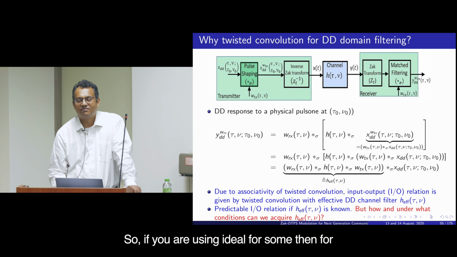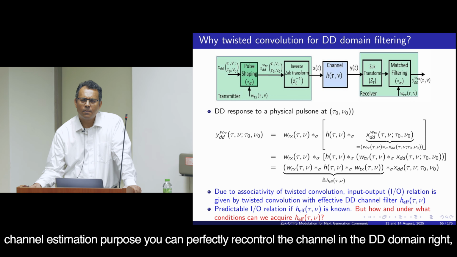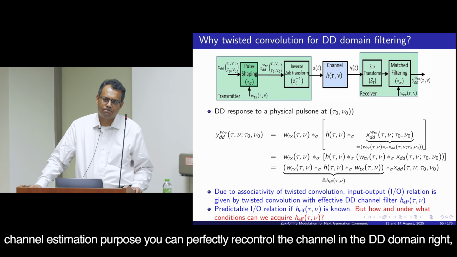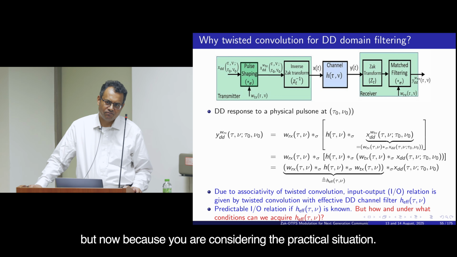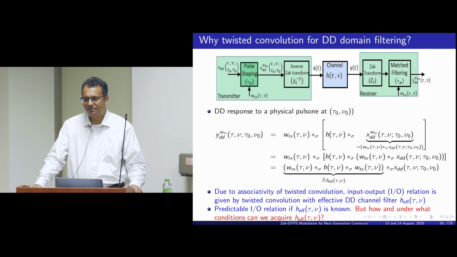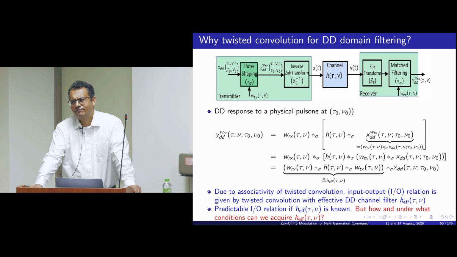So, if you are using ideal pulsons, then for channel estimation purpose, you can perfectly reconstruct the channel in the DD domain, right? But now, because you are considering the practical situation, you include the pulse shaping, and in that case, your impulse in the DD domain will spread. And in that case, you will lose some resolution of channel estimation.